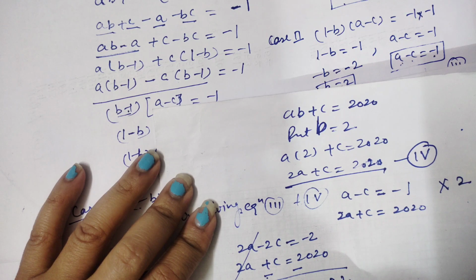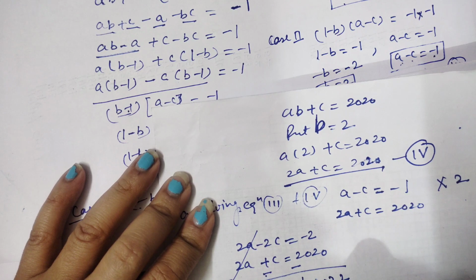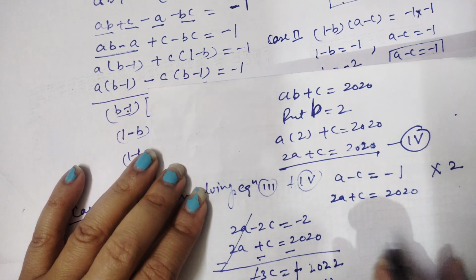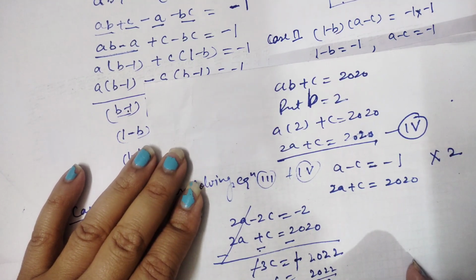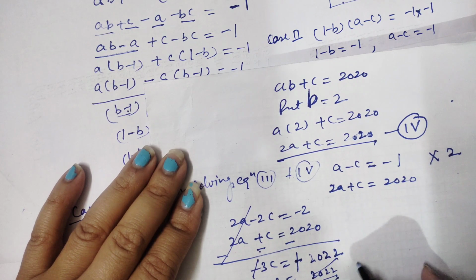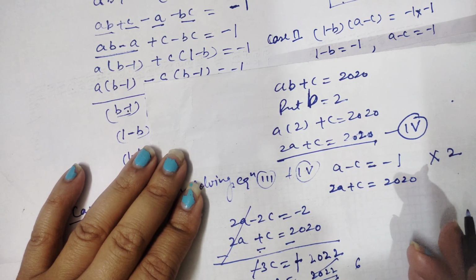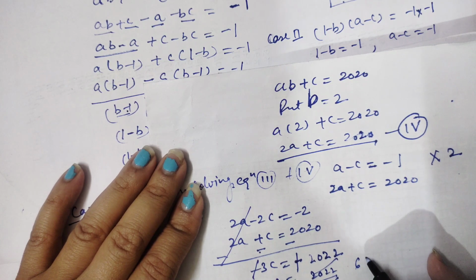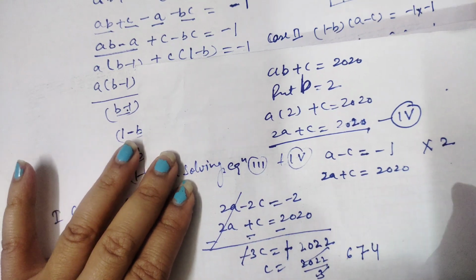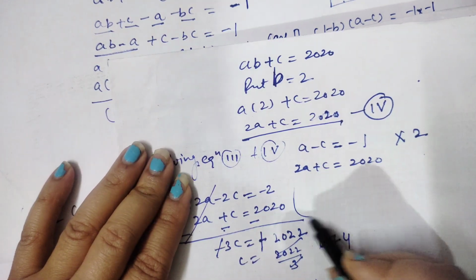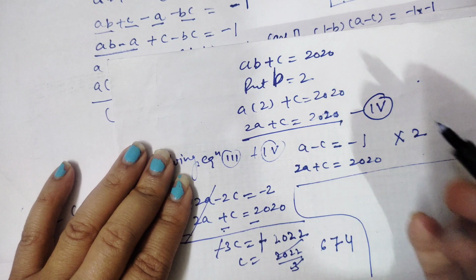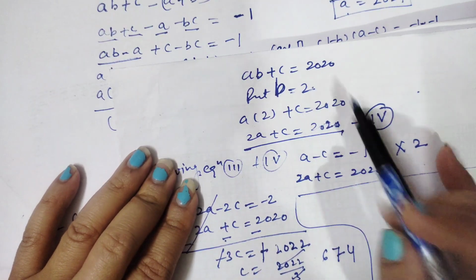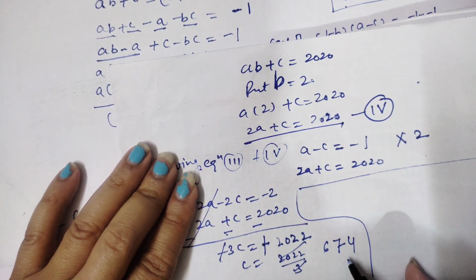Now the c value is 2022 divided by 3. So 3 6 are 18, 19, 20, and 3 7 are 21, and 3 4 are 12. So c value is 674. It is correct. Now b value we already know, b equals to 2, c is 674.